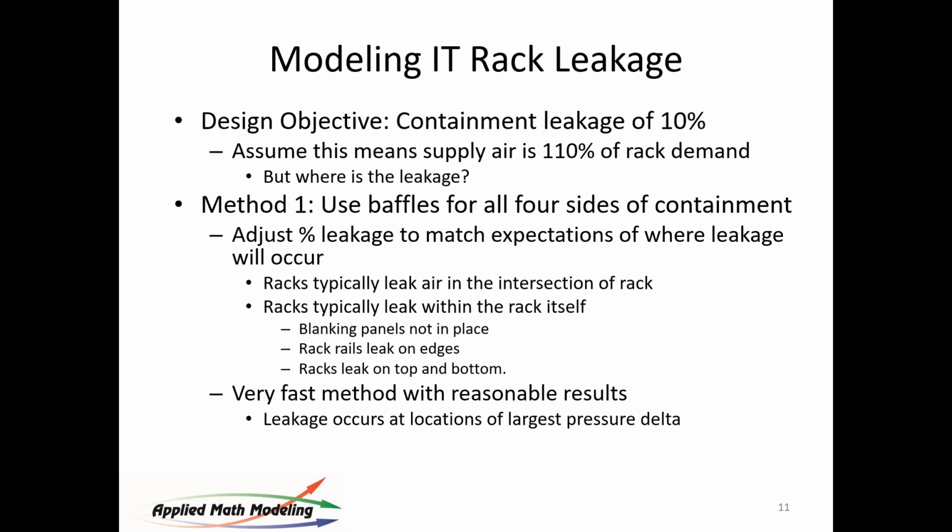Some of you are also operators, managing data centers, but you have little control over what goes on in that rack. So you have to warn them that the key to successful data center design deployment for contained systems is leakage. The rails leak on the edges, the racks leak on the top, they leak on the bottom, and you can show them that fairly quickly.